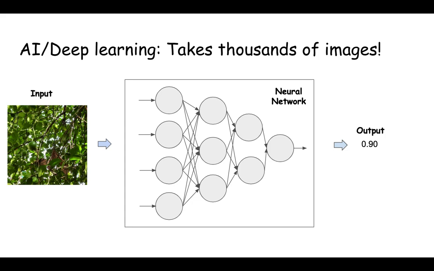I've already manually gone ahead and labeled on each of those images what is a lemon, so that during training the computer learns to detect that that particular part of the image is a lemon and the rest is background. And eventually when it processes through the neural network, it gives us an output which is a kind of confidence score, which tells us there's a 90% chance that whatever is detected is a lemon and not background.